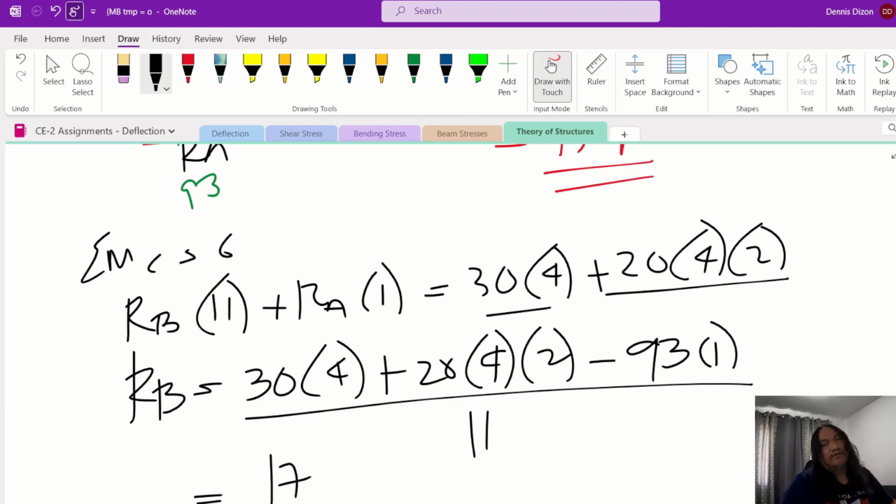So regardless of what procedure, what option you want to use for calculating the reaction, it should yield the same answer as long as your solution is correct.